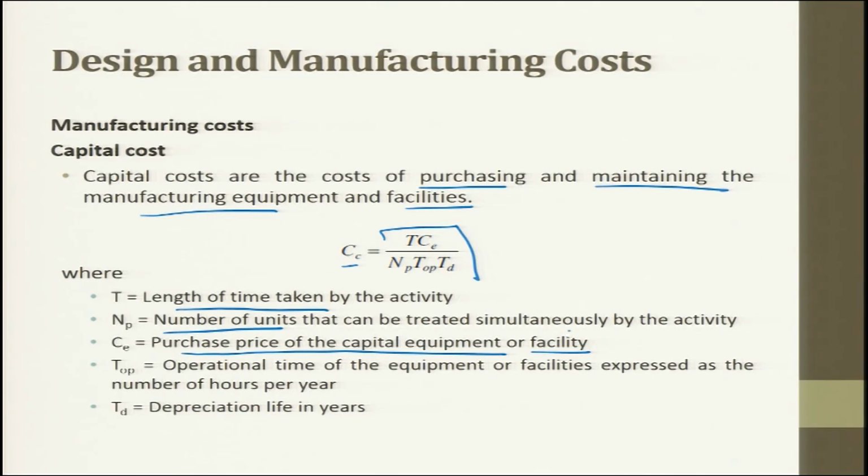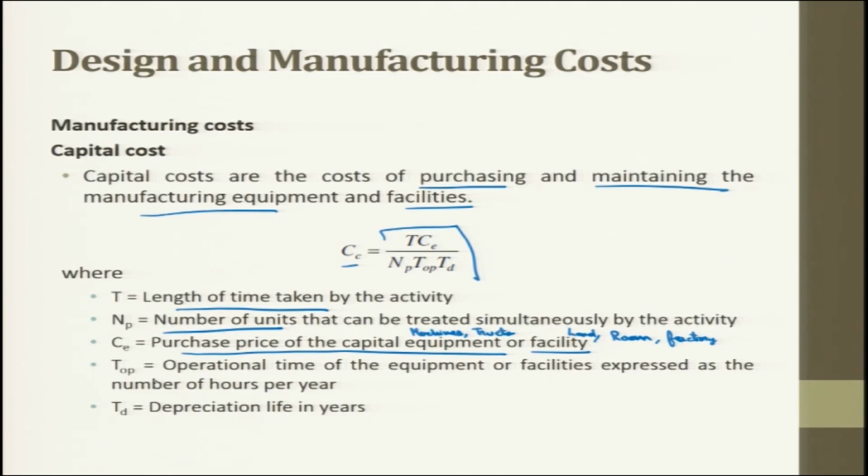Facility means it can be land, it can be a factory room, or a factory. So, this is facility. Capital equipment can be the machines, the transport units, for instance maybe trucks.